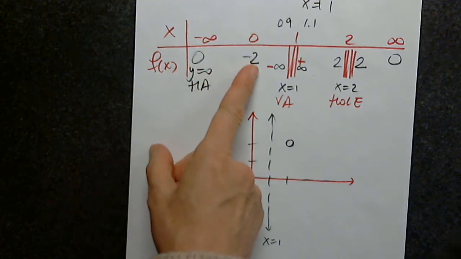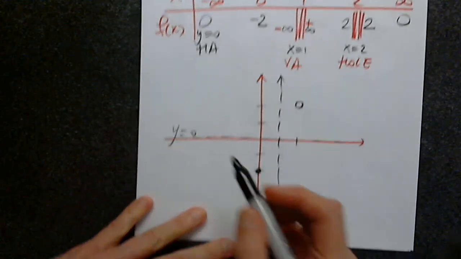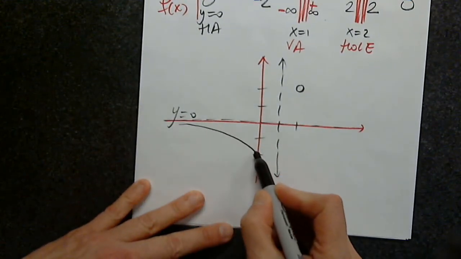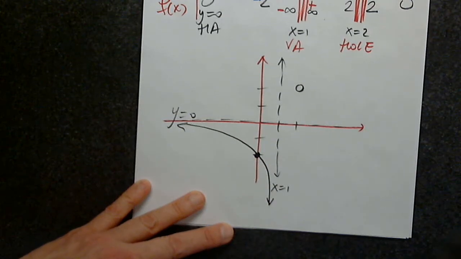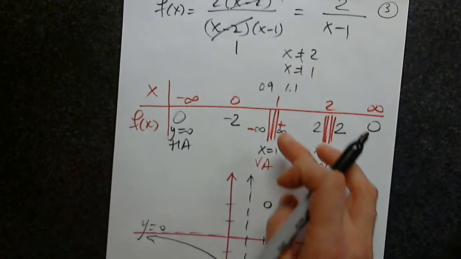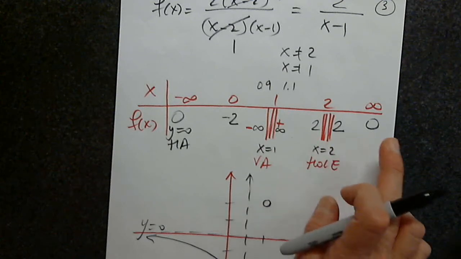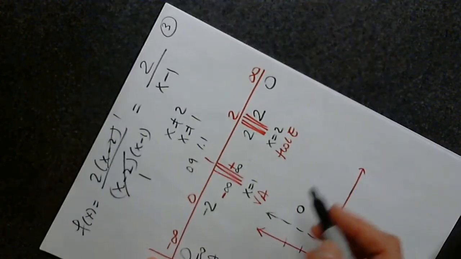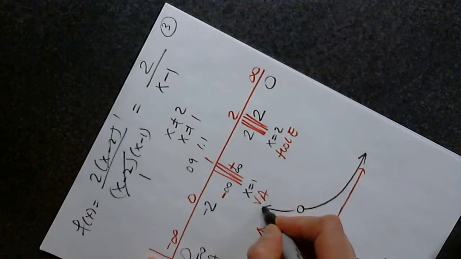From 0, it crosses the y-axis and goes to negative infinity. It will never cross a vertical asymptote. Then on the other side, from positive infinity, it goes through this point and approaches 0.